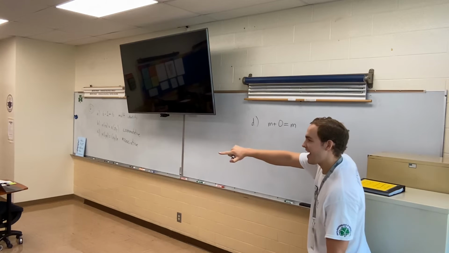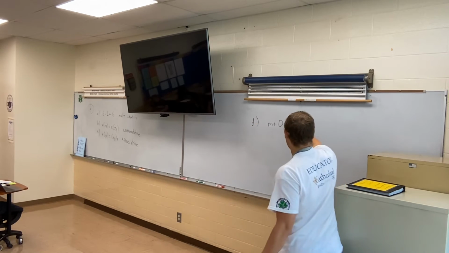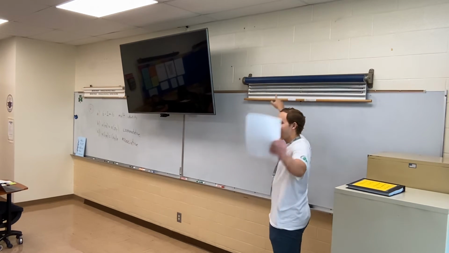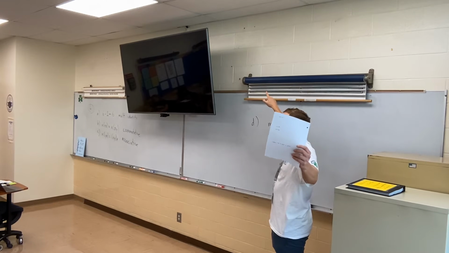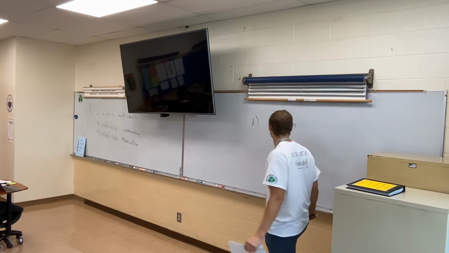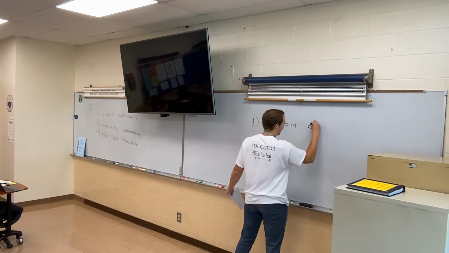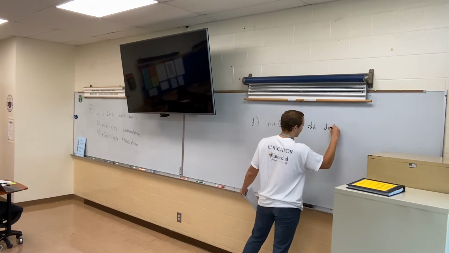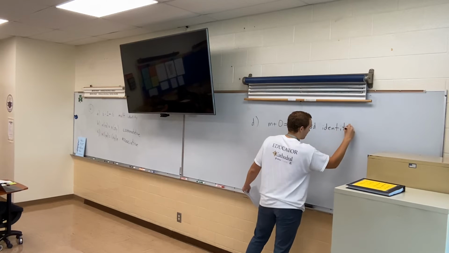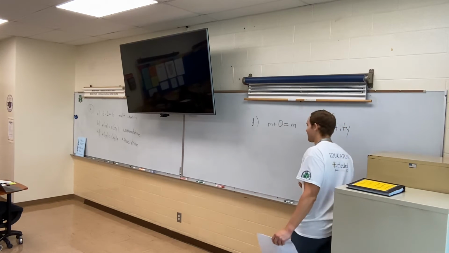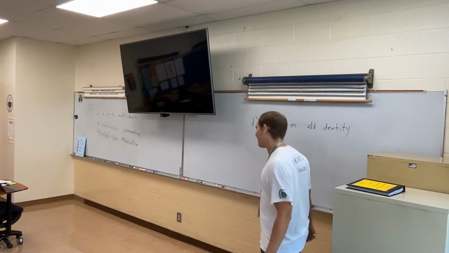There we go, right? Additive identity. I have a 0. If I add 0 to anything, I just get that number back. Are you okay, Colleen? Is that confusing? Okay. Additive identity. I'll just do add identity. I will accept that. Additive identity property. You take a number, you add 0 to it, you get that number back.